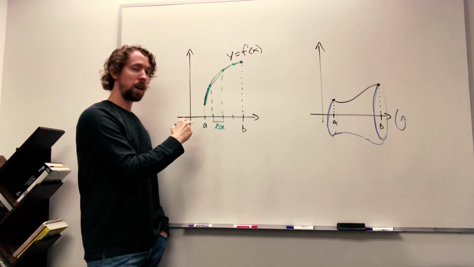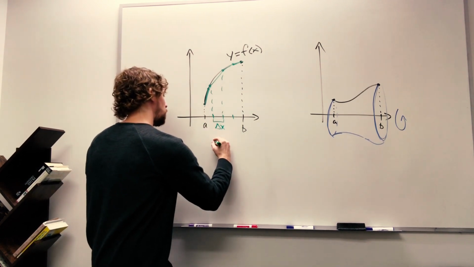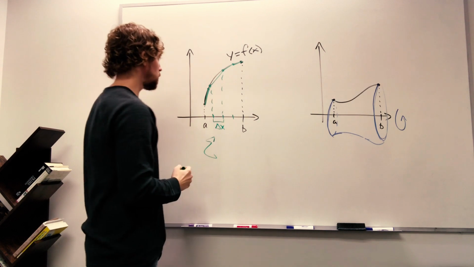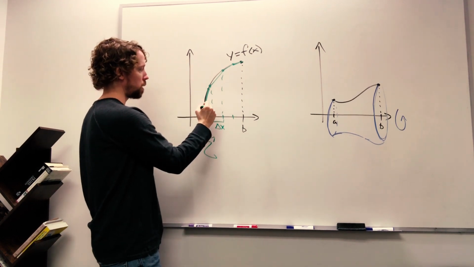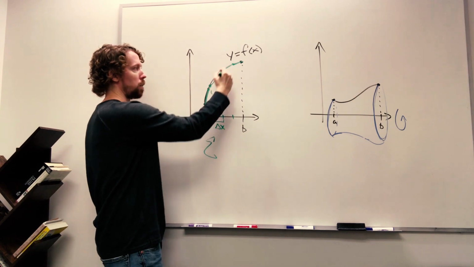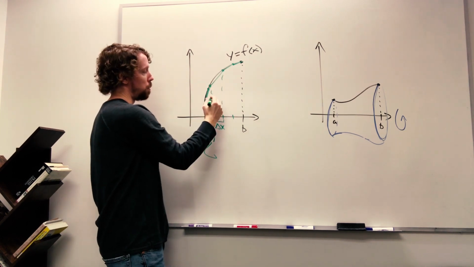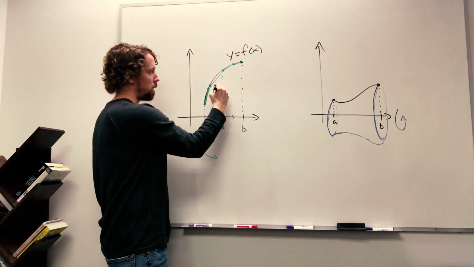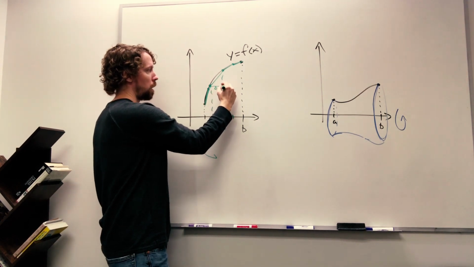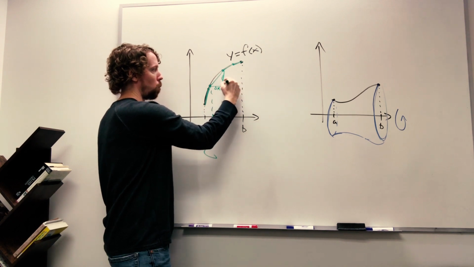Now, to get our equation, we're going to have first the approximation. So to get the length of this thing, let's say I want the length of this piece. I know that this length is delta x, and I'm going to call this length delta y.